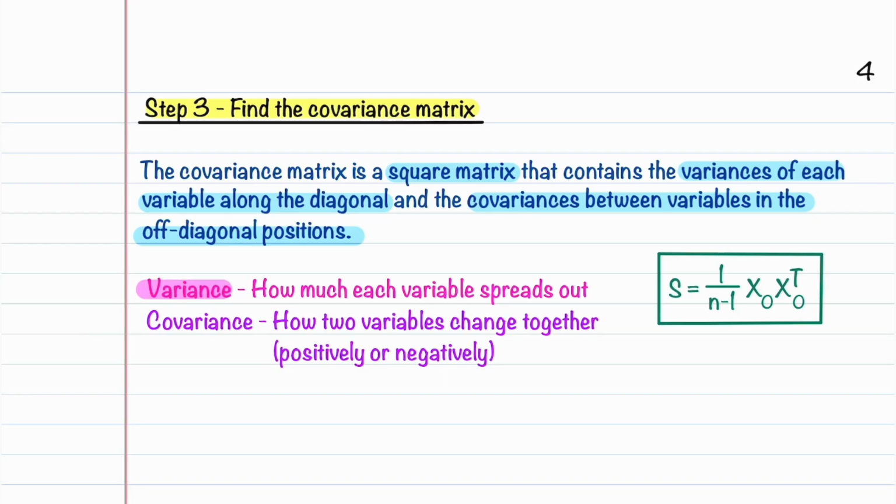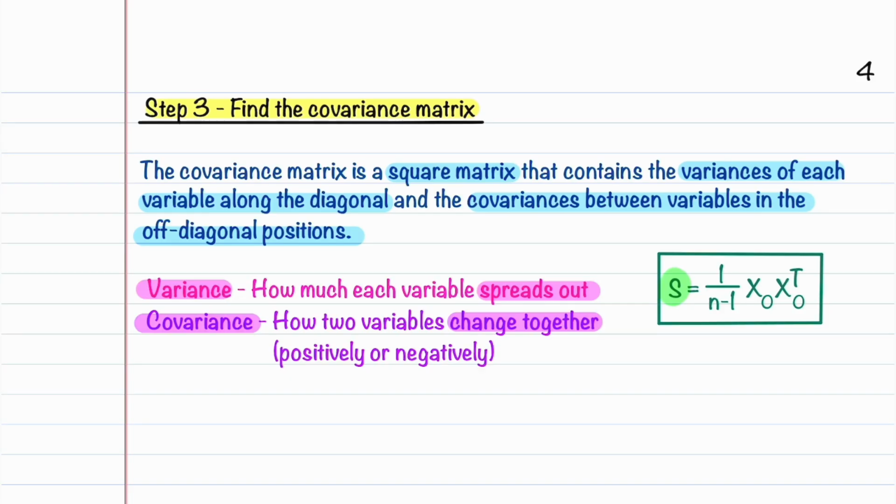Each variance along the diagonal of the covariance matrix tells us how much each variable spreads out, and then each covariance in the off-diagonal positions shows us how two variables change together, either positively or negatively. Over here on the right, I have written down the formula for our covariance matrix. We're going to call it matrix S, and it's just 1 over n minus 1 times the centered data matrix times the transpose of the centered data matrix.